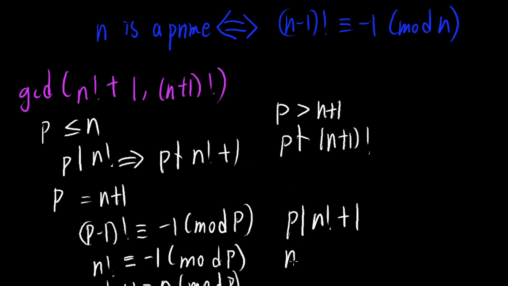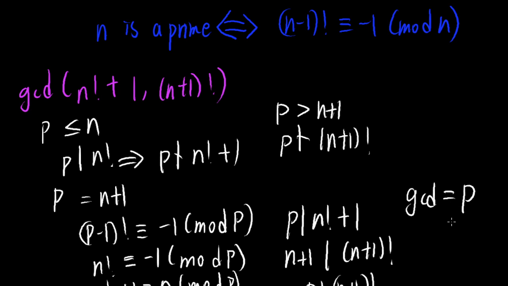At the same time, we know that n plus 1 divides n plus 1's factorial, which means that p divides n plus 1's factorial, and we know that the GCD is equal to p, and p is a prime where p is equal to n plus 1. And we finished our question.